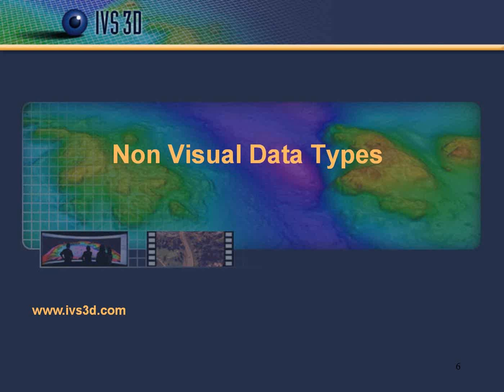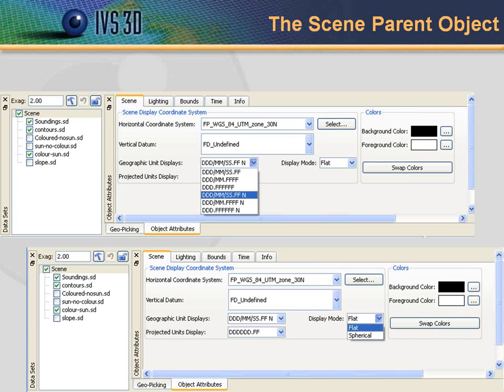There are actually a few data types that have no visual representation. They're more organizational in nature, and really there are three of these. The most important one is what we call the scene parent object in Fledermaus. It's the one that always sits at the top of the list, and it has the children objects underneath it.